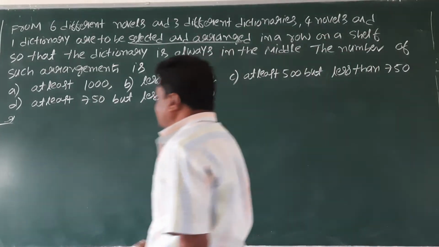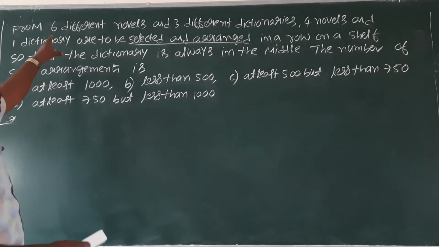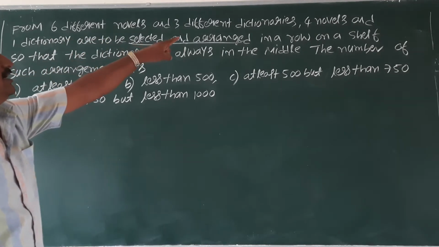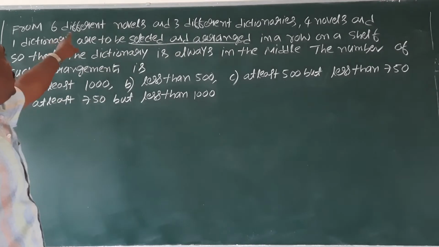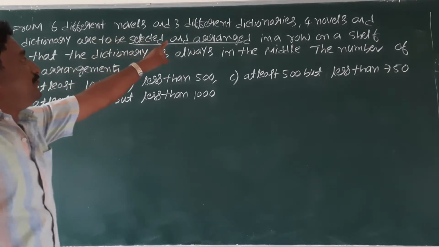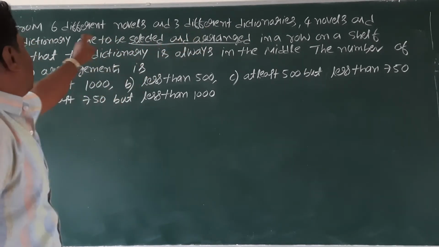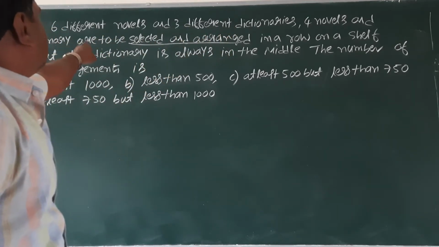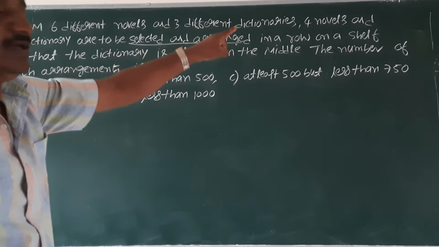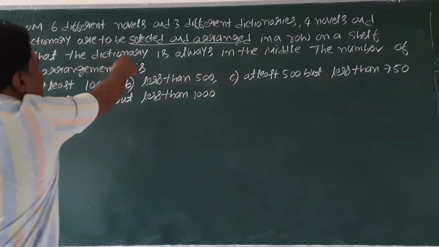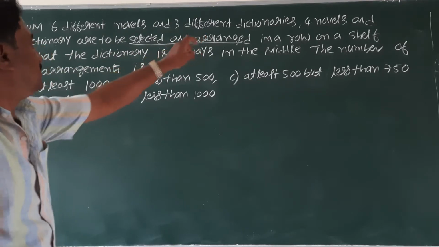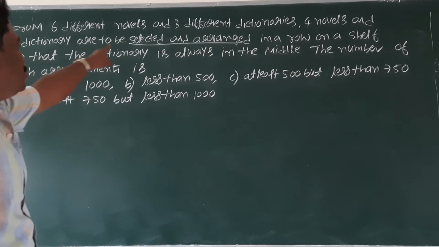Look at this, students. We have 6 different novels and 3 different dictionaries. From the 6 different novels, 4 novels are to be selected, and from the 3 different dictionaries, 1 dictionary is to be selected.